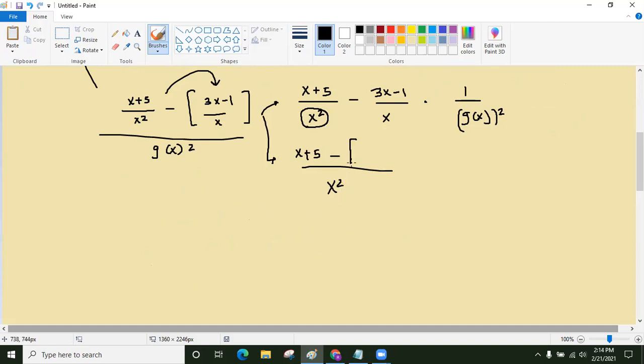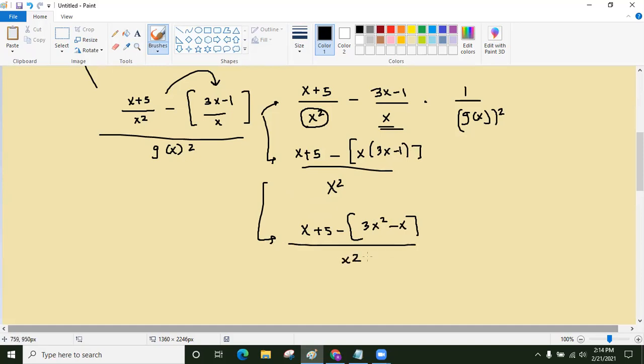And we subtract x multiplied by 3x minus 1, given that the denominator of 3x minus 1 is missing an x as compared to the LCD that we have. So we'd have x plus 5 minus 3x squared minus x all over x squared multiplied by 1 over g of x squared.